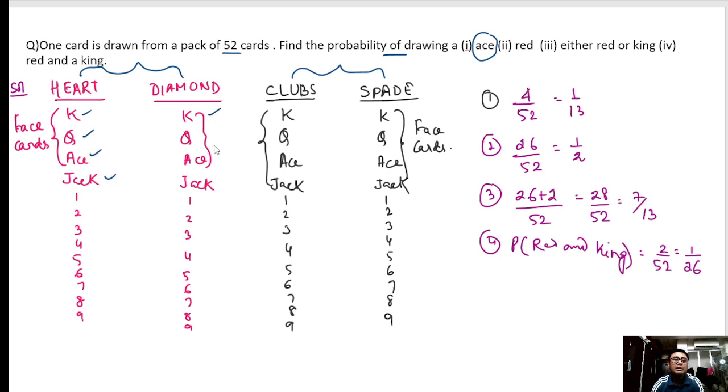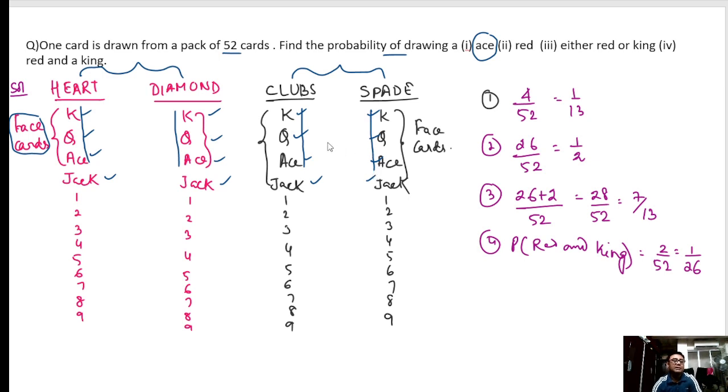You have a king, queen, ace and jack. In the clubs and spade, which are black colored cards, you also have a king, queen, ace and jack, and here king, queen, ace and jack. And now see, these king, queen, jack are called face cards. So in total there are 3, 3, 6, 3, 9, 3, 12.